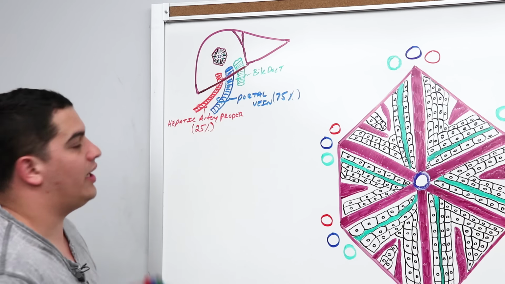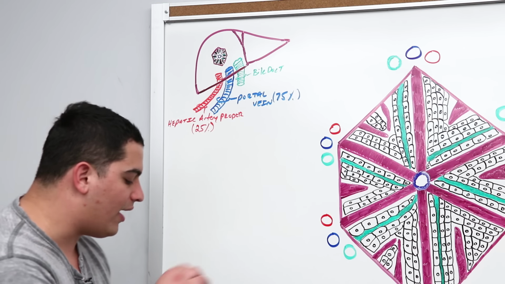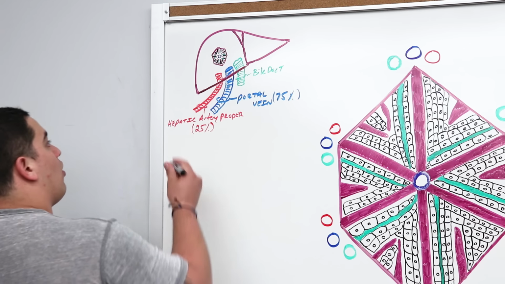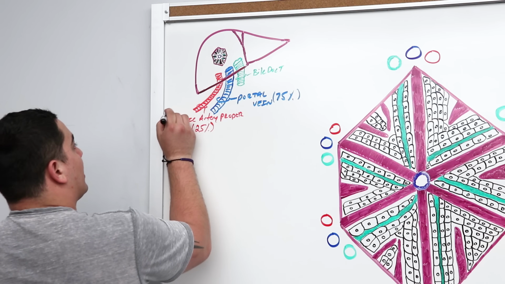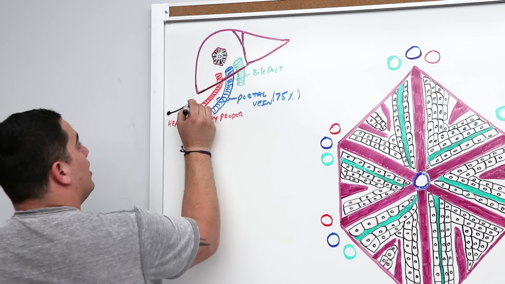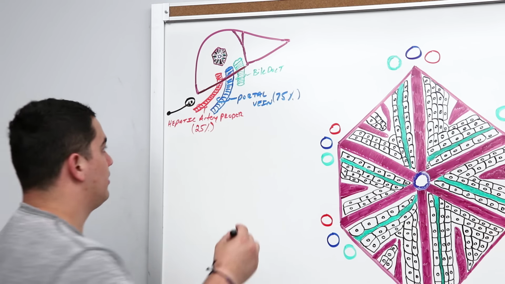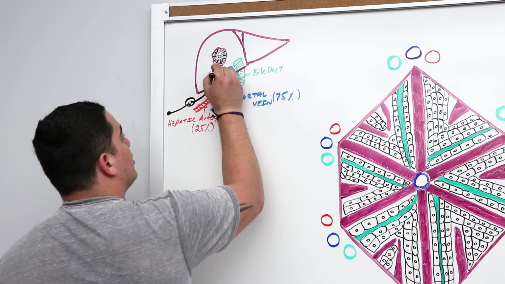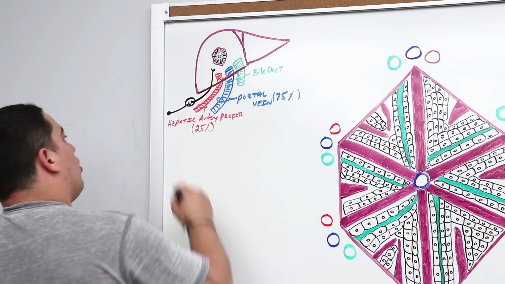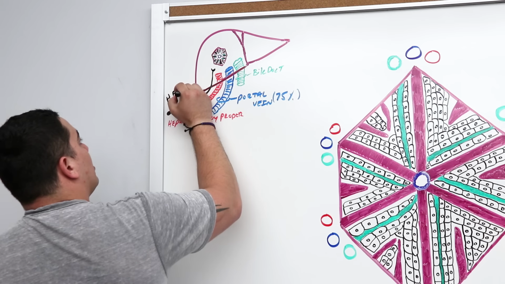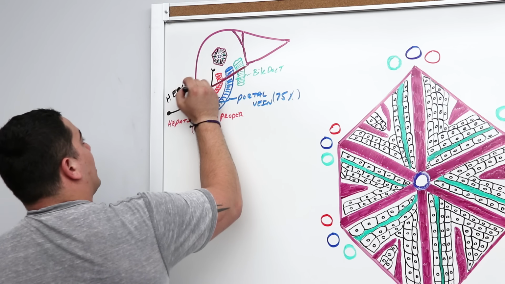These aren't the only things going through the porta hepatis. We talked very briefly and said there's also a nerve plexus coming into the liver, and if you remember, we called it the hepatic plexus. So what is this plexus here called? They call it the hepatic plexus.